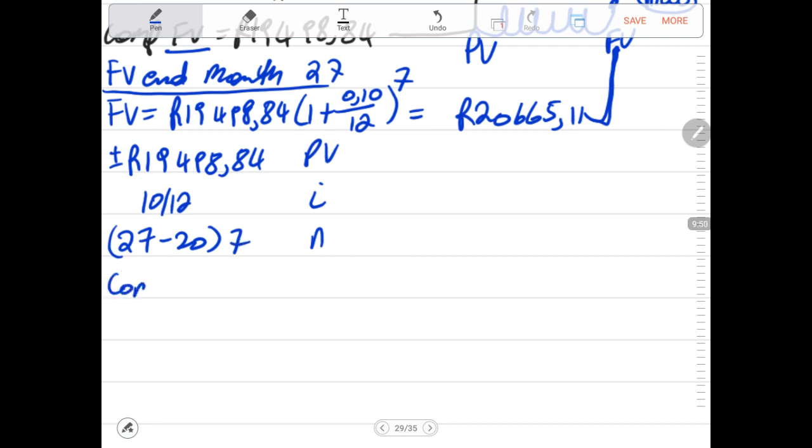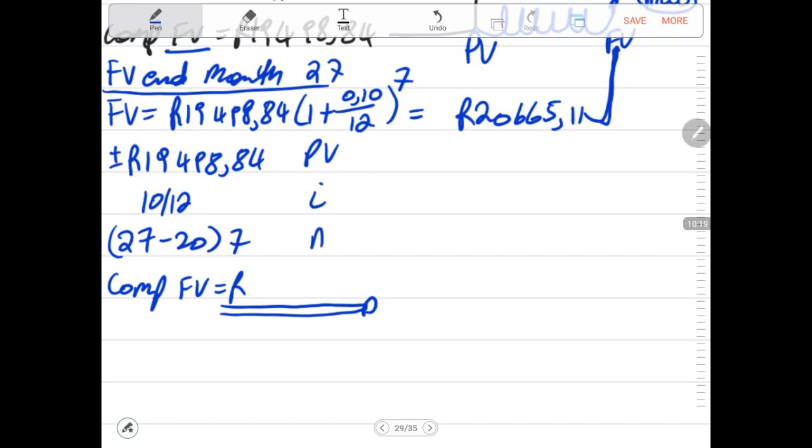Then we compute the future value. I just want to do this also in both ways, although I know that I've dealt with this foundation very well previously. So we say plus minus 19,498.84 is our present value, 10 divided by 12 is our interest, 7 is our n.